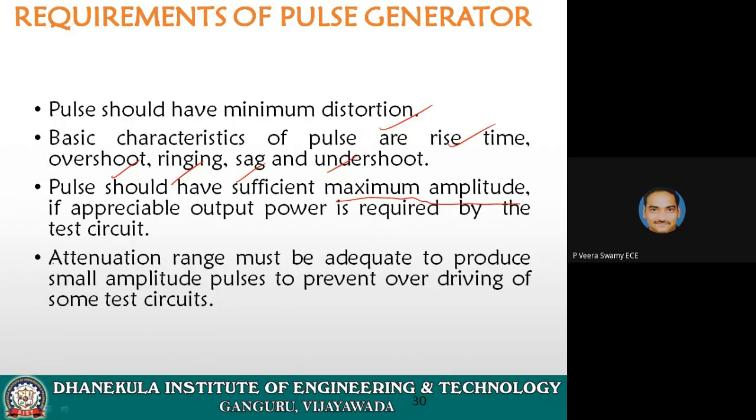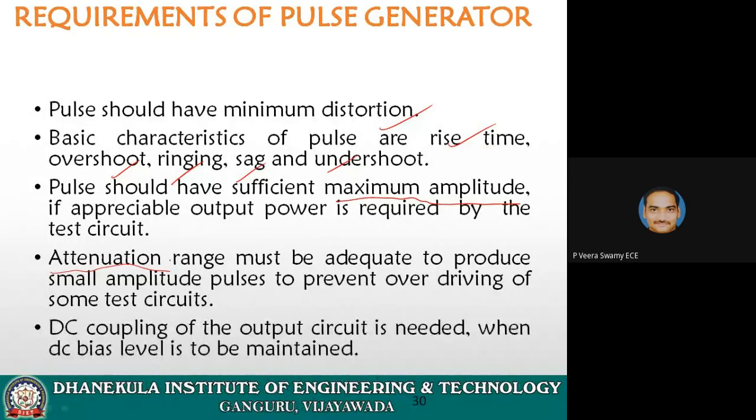That means we have to maintain the attenuation using attenuators. DC coupling. Previously we have taken 50 ohm coupling, 600 ohms coupling. Like that, here we have DC coupling also.